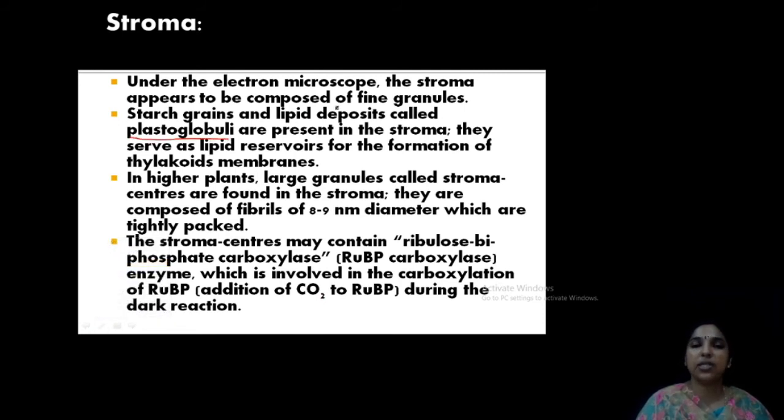They are present in the stroma and are helpful for the formation of membranes. In higher plants, large granules called stroma centers are found in the stroma. That's only in higher plants. The stroma center contains the enzyme RuBP carboxylase. This you studied in your physiology classes. This RuBP carboxylase is a very important enzyme required for the dark reaction.